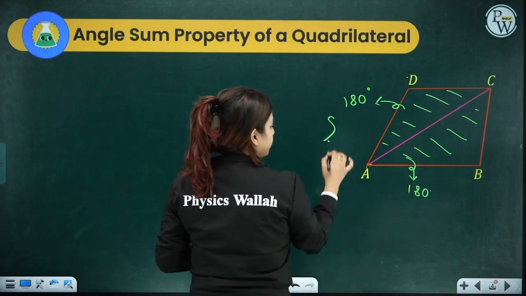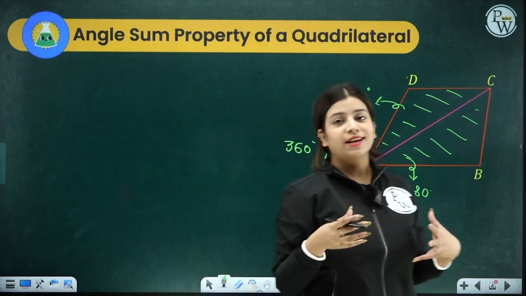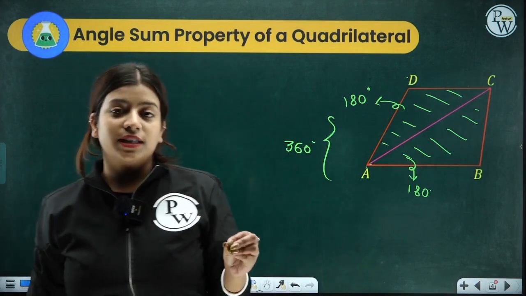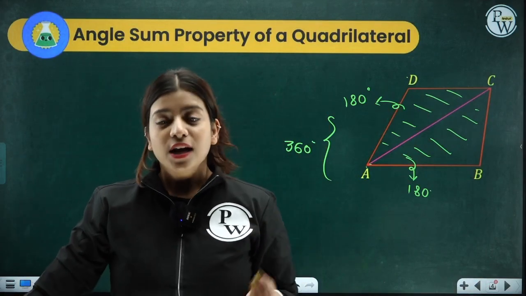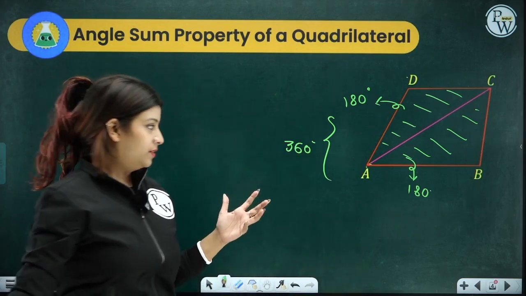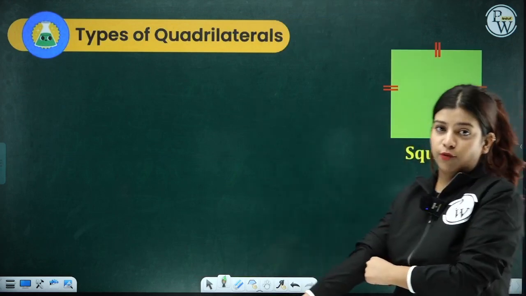So the sum will result in 360 degrees. That's why we say that the angle sum property of any quadrilateral gives us 360 degrees, that is 180 degrees plus 180 degrees. Right? The next thing that we have over here is types of quadrilaterals.